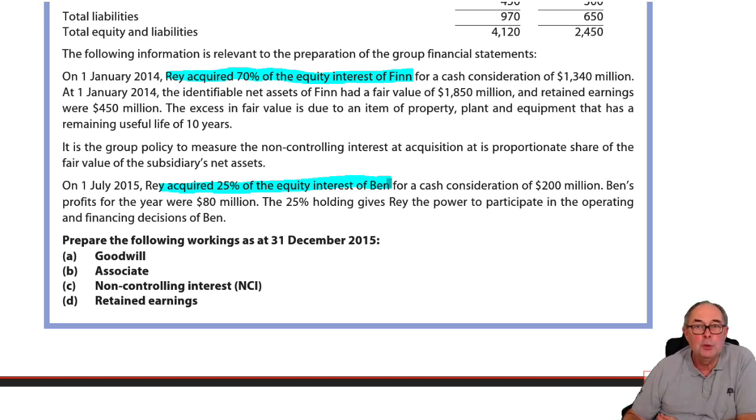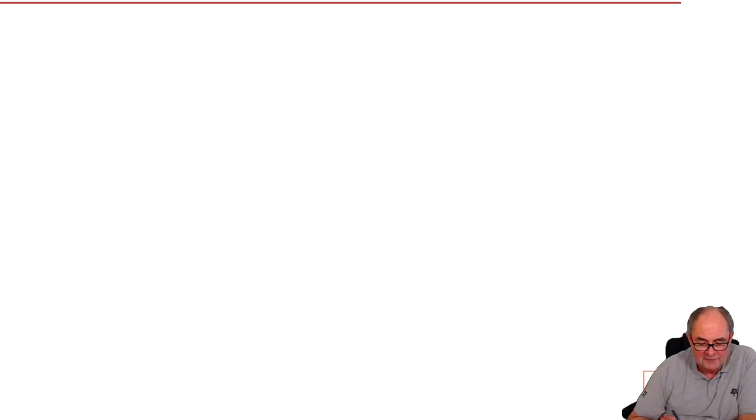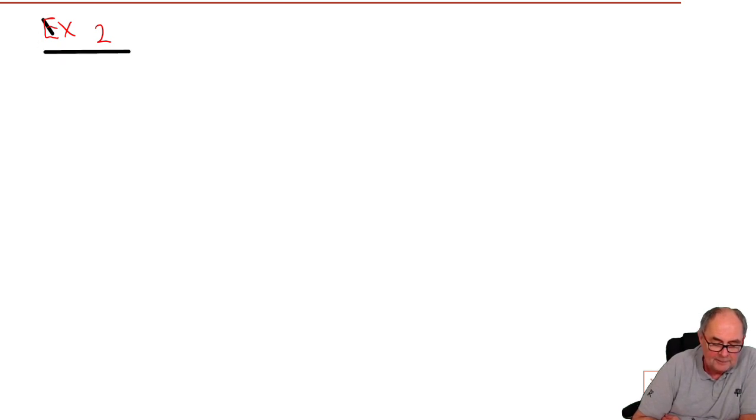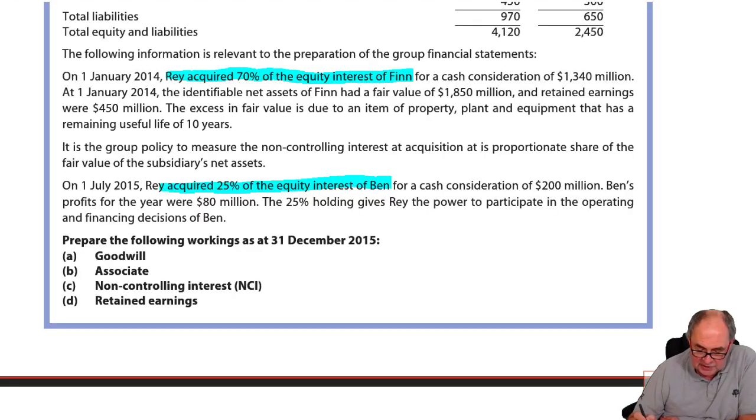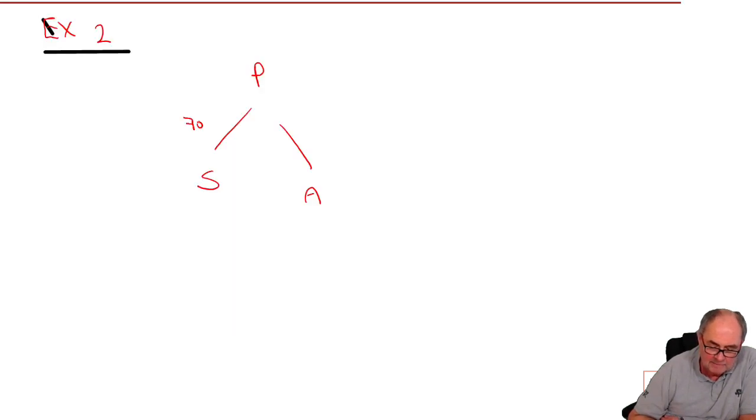So there's no need to draw a formal group structure, but I'll do it in the way that you're probably used to seeing it. So Example 2, there we are: parent, subsidiary and associate, and the two percentages, 70% and 25%.